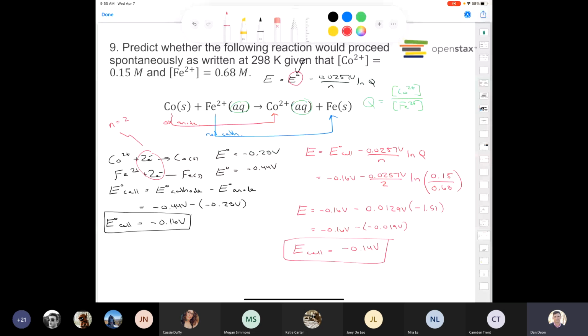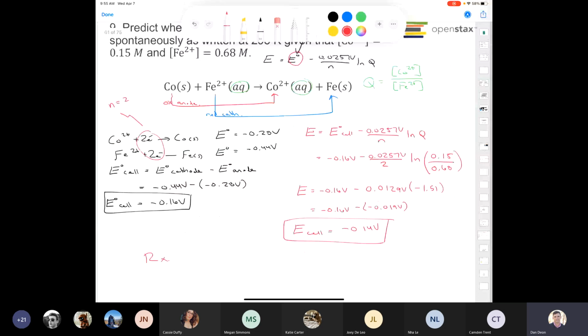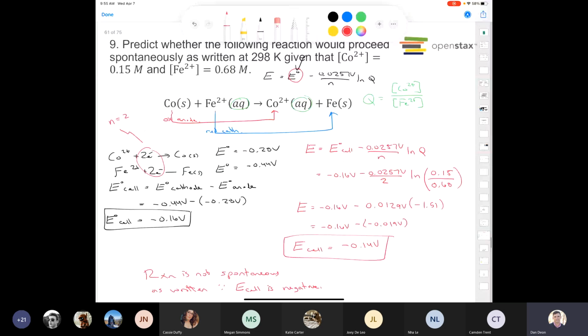So even though we're at non-standard conditions, I can say that the reaction is not spontaneous as written, since E cell is negative. In order for the reaction to be spontaneous, E cell would have to be positive.